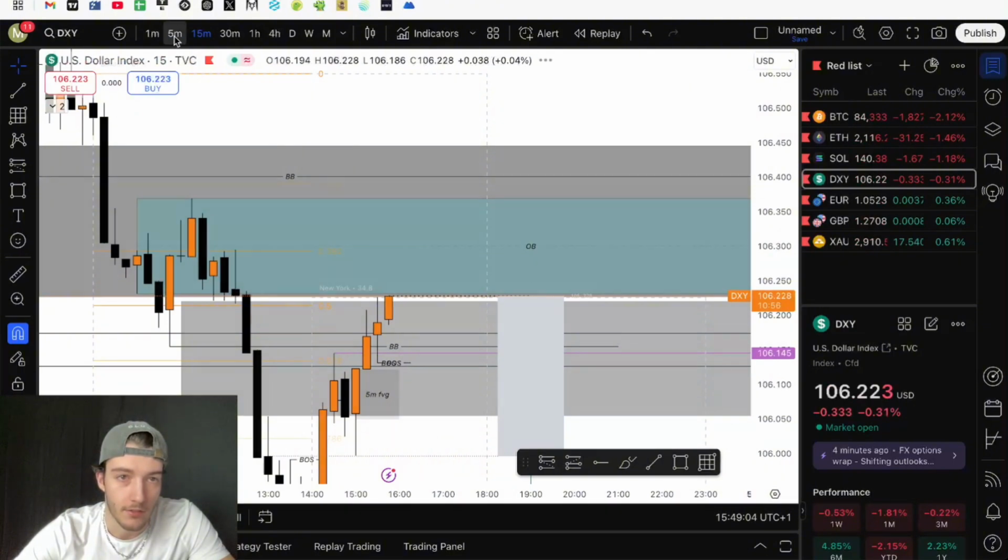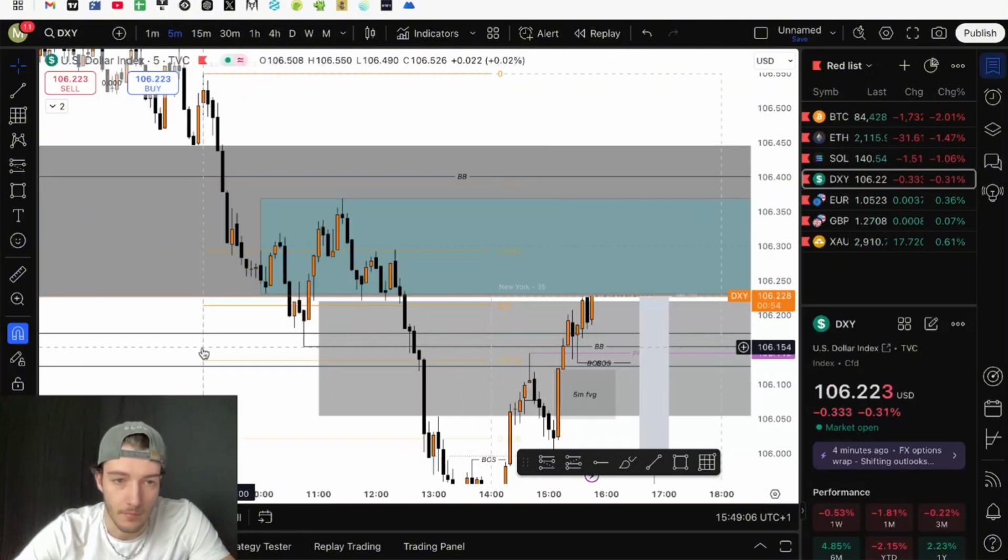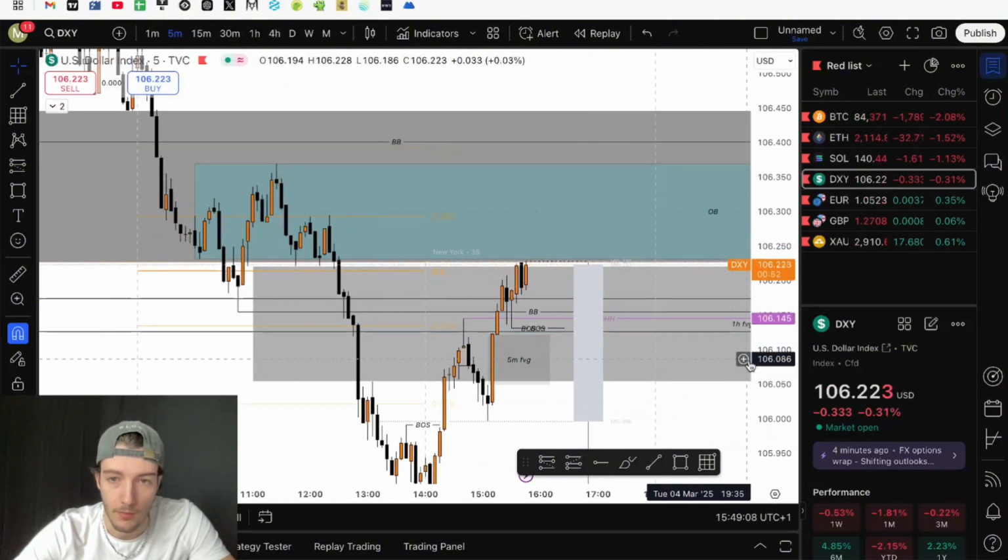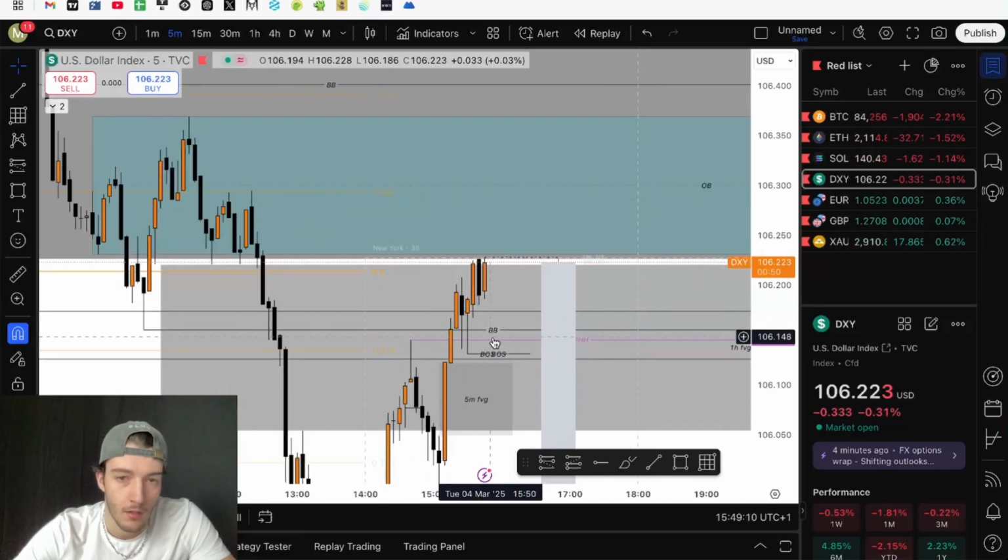Alright, the dollar is forming higher highs, is about to tap into this order block. Let's see.